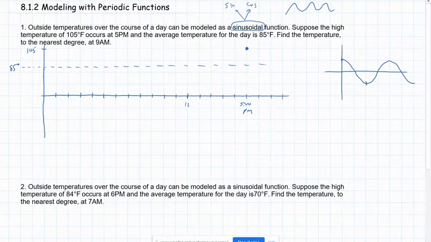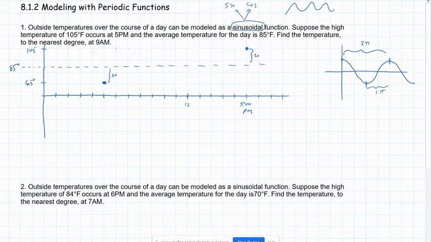The distance between the low and the high is half the period, because this is normally 2 pi, and the distance between the high and the low is half of that, only 1 pi. In this graph, the period is 24 hours, so half the period is 12 hours. So if we go 12 hours to the left, 1, 2, 3, 4, 5, 6, 7, 8, 9, 10, 11, 12, that's where we'd expect it to be at its low value. Since this is 20 degrees above the midline, this is going to be 20 degrees below the midline. And that puts us at 65 degrees for our low.